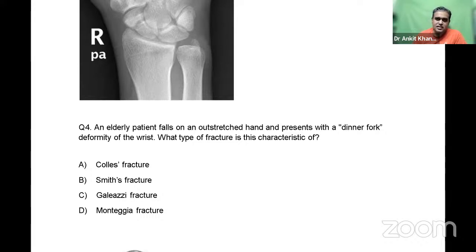But in first year, understand that whenever they ask for the dinner fork deformity, it is known as Colles fracture, where the radius fractures at the lower end, but the distal segment goes dorsally, posteriorly, giving us a dinner fork deformity.